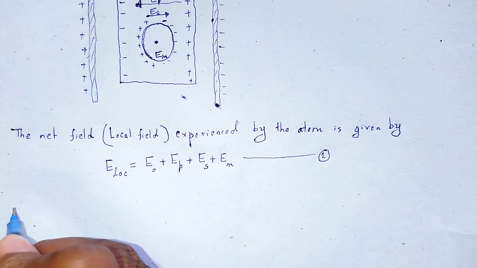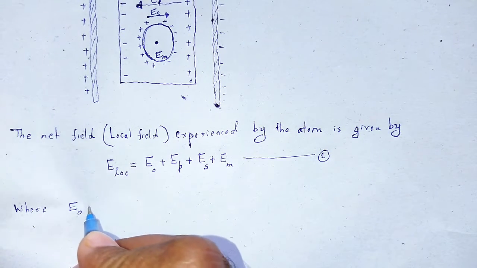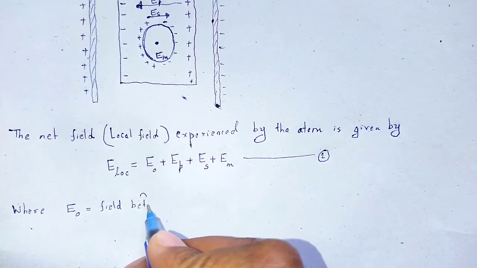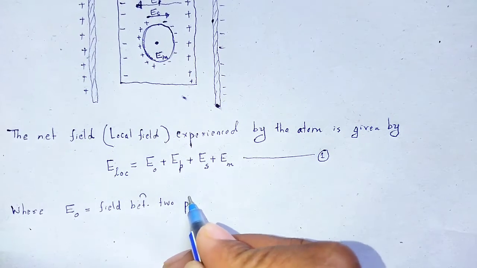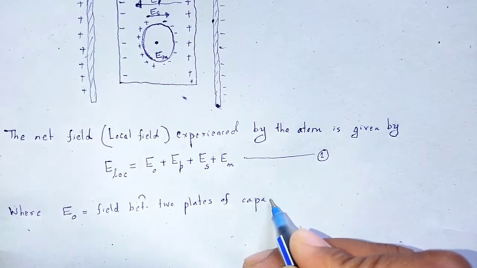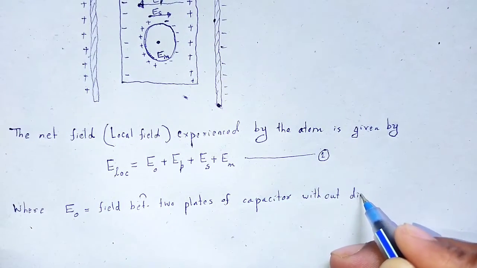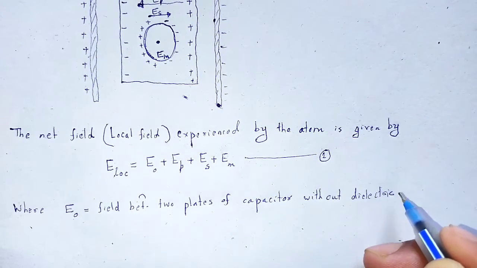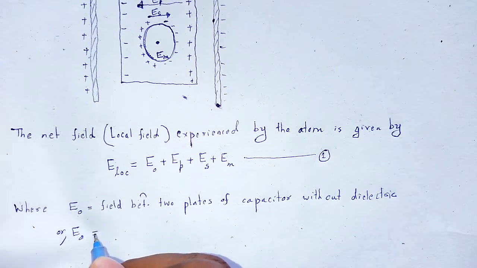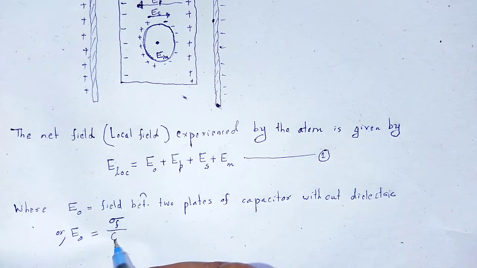Where E naught, that is the field between two plates of capacitor without dielectric, and its value E naught is equal to sigma f divided by epsilon naught.